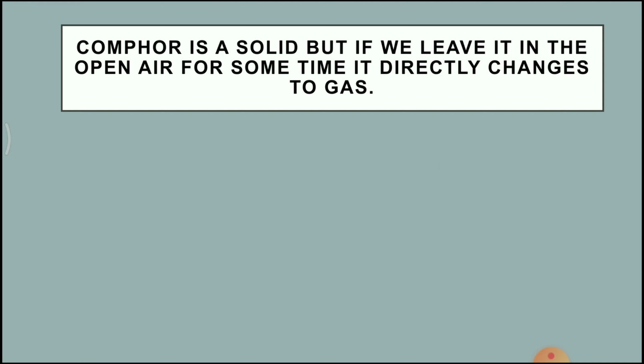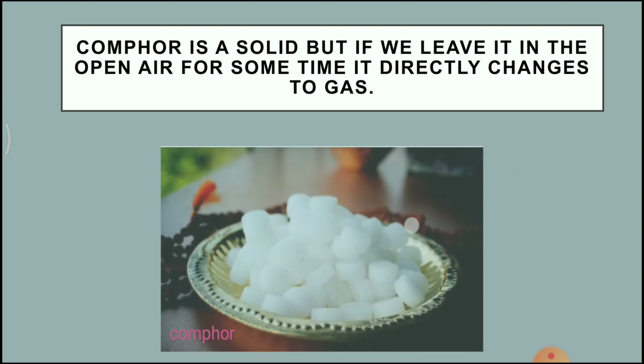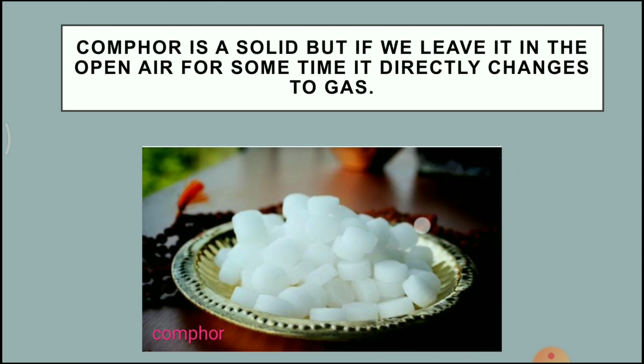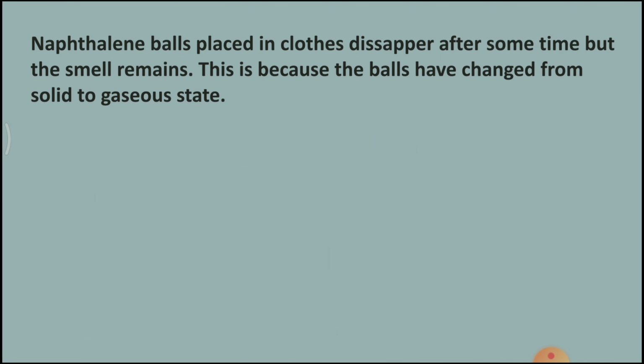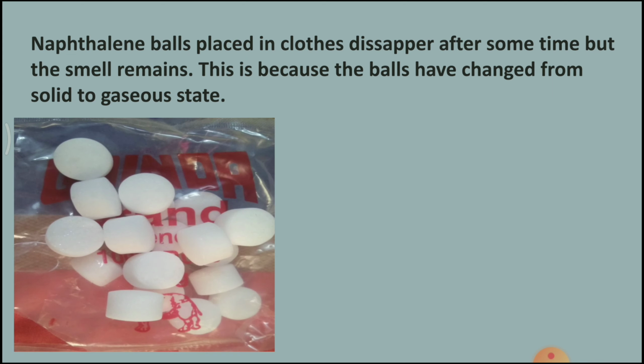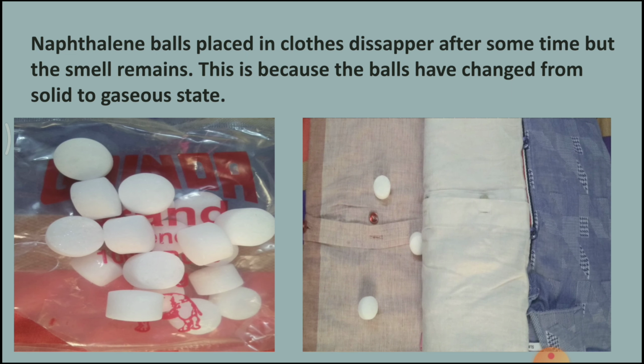Camphor is a solid, but if you leave it in the open air for some time, it directly changes to gas. And we know naphthalene balls placed in clothes disappear after some time, but the smell remains. Why does this happen? This is because the balls have changed from solid to gaseous state.